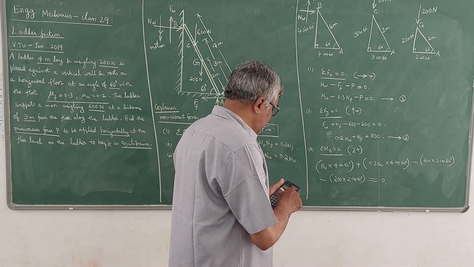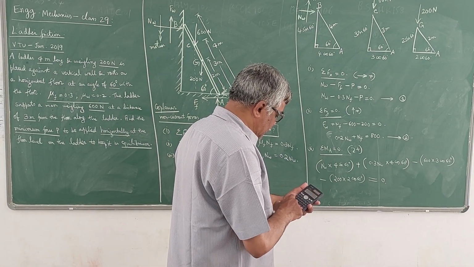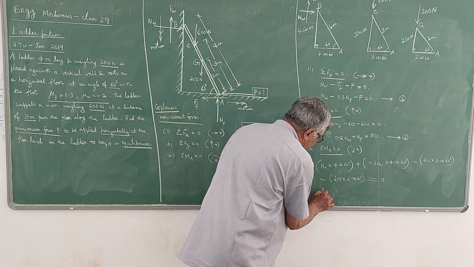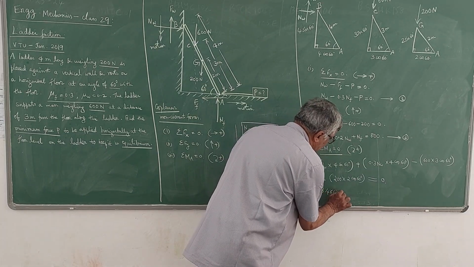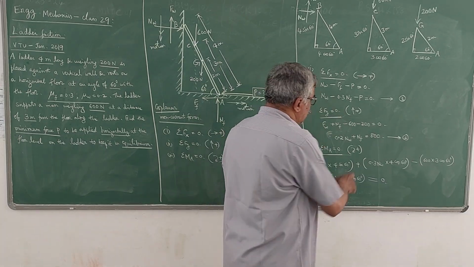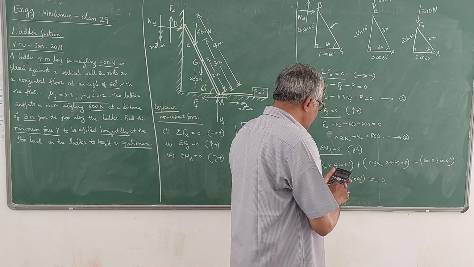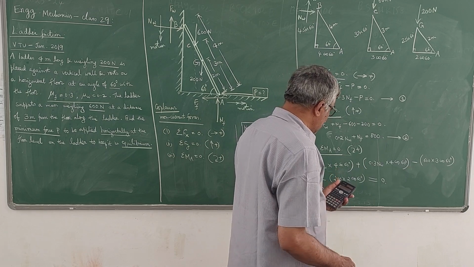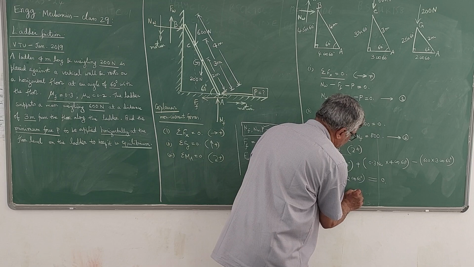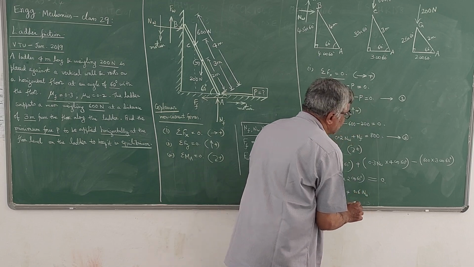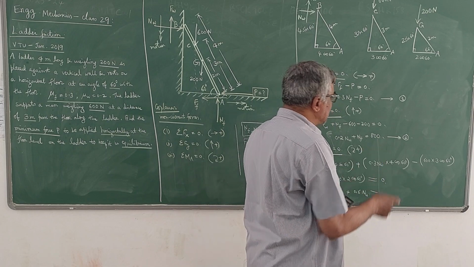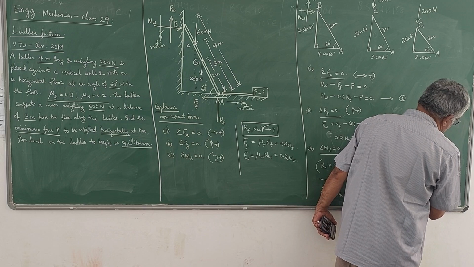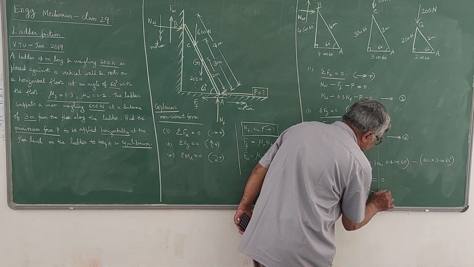The equation becomes 4 sin 60 into NW, that is 4 into sin 60 is 3.464 NW, plus 0.3 into 4 into cos 60, which is 0.6 NW, then minus 600 into 3 into cos 60, 600 into 3 is 1800 into cos 60 is half, so that becomes 900.